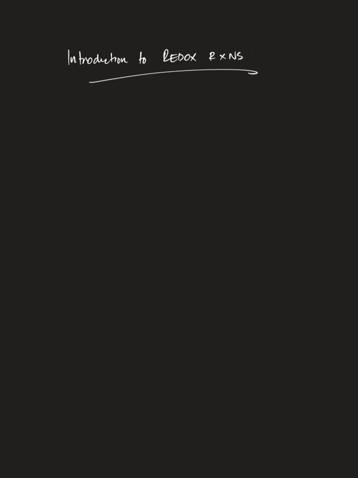Alright, over here we're looking at the introduction to redox reactions, or like we say, we can call them oxidation reduction reactions. Right? In oxidation reduction reactions, there must be a movement, or rather a transfer of electrons. So there is this movement that's going to take place between atoms.